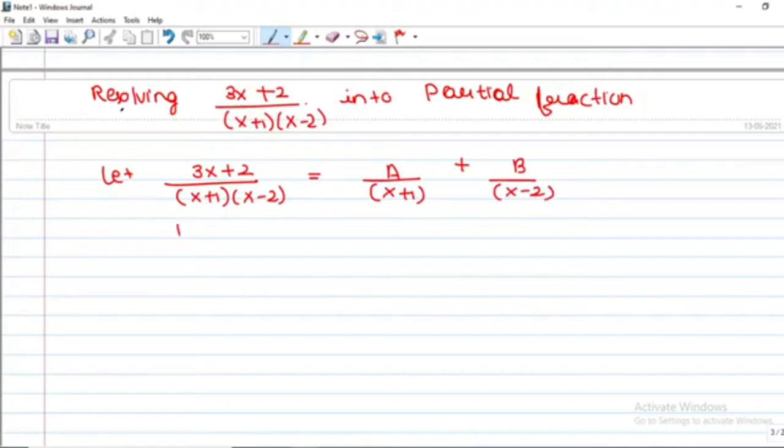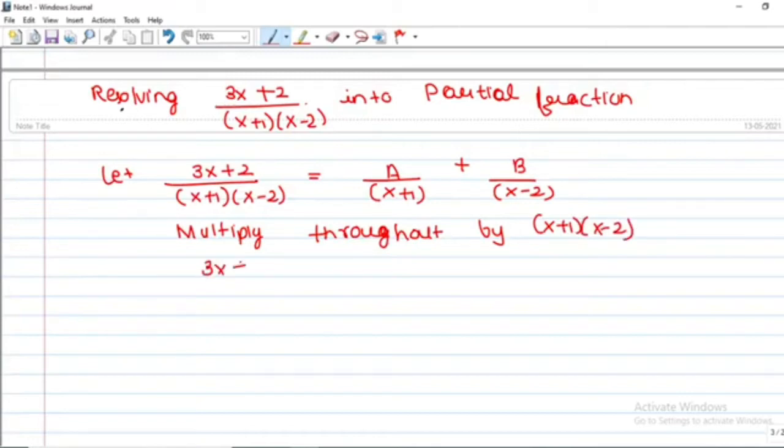After this we will multiply throughout by (x + 1) and (x - 2). What we get is 3x + 2 equals A into (x - 2) plus B into (x + 1).